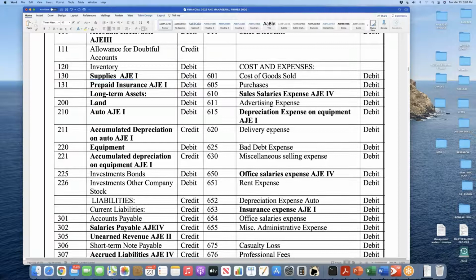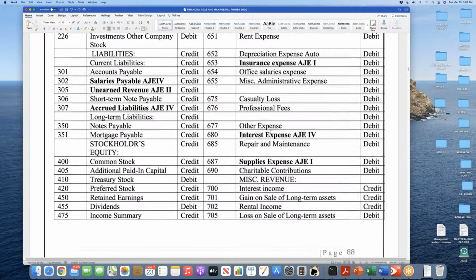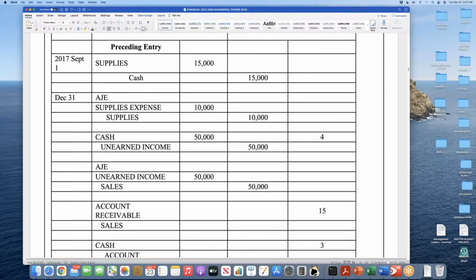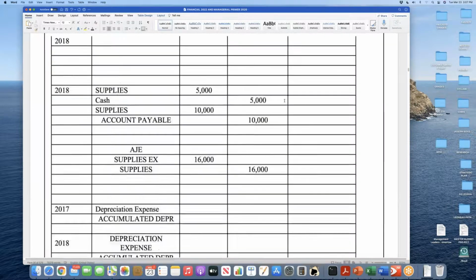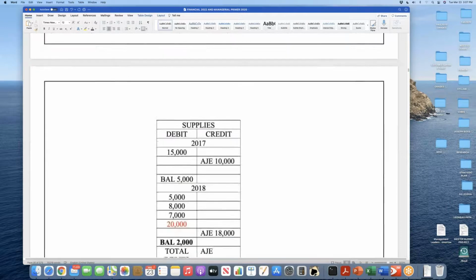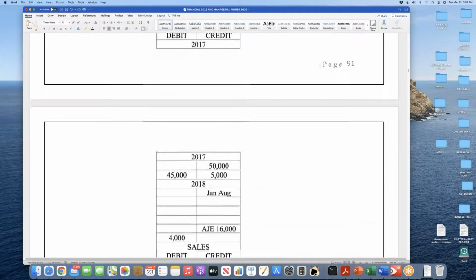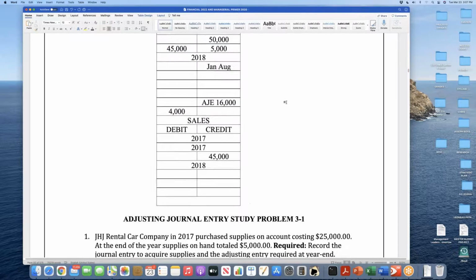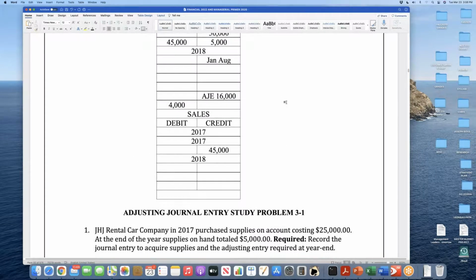So this shows you where the AJE1s are. We work with supplies right now. Let's look at the first example. See if you all can work this first example.